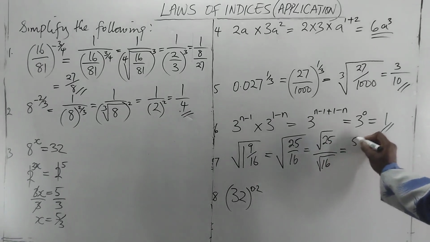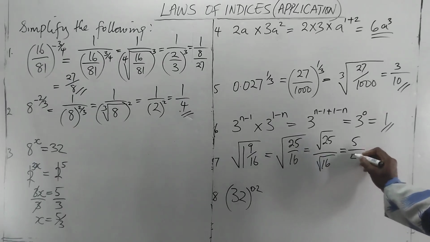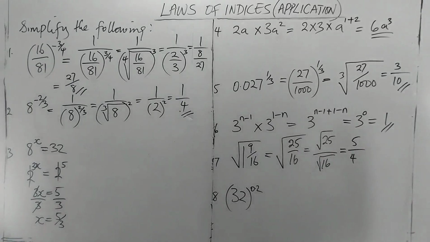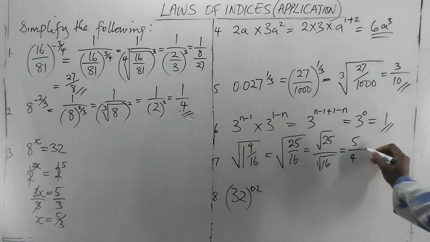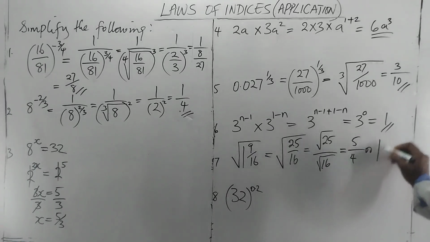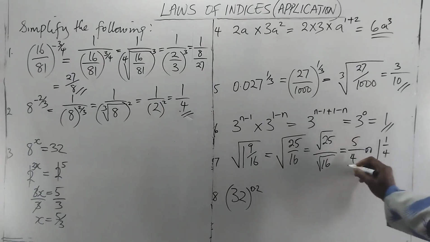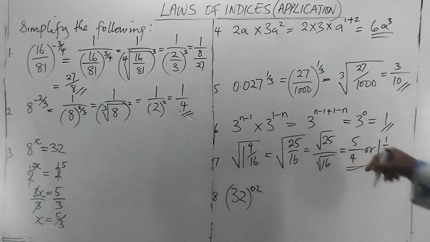Square root of 25 will give us 5. Square root of 16 will give us 4. So this is 5 over 4, or 1 whole number 1 over 4. That's our answer. If you don't want to leave it as 5 over 4, you can leave it as 1 whole number 1 over 4.